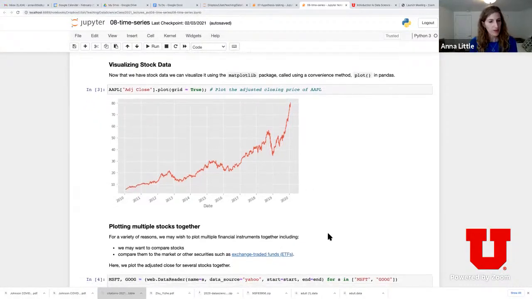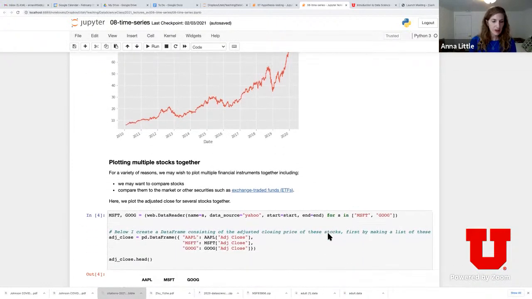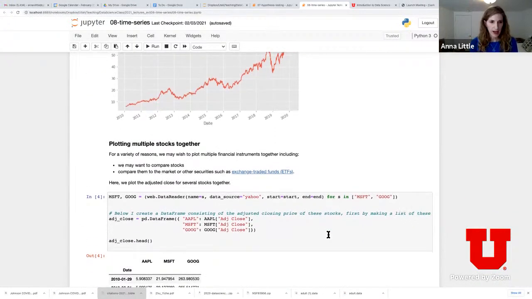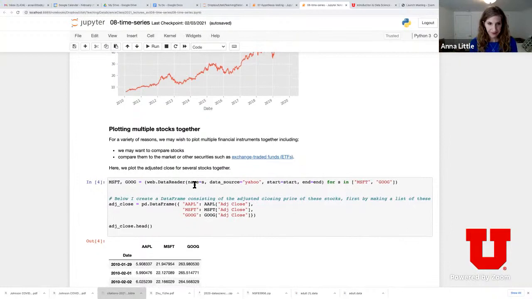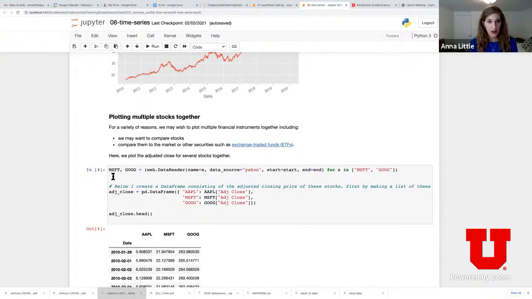Of course, we might be interested in making comparisons. So maybe we're debating between a couple of different stocks that we want to buy. So let's get some more data and do some comparisons. In addition to the Apple data here, we're also pulling data about the Microsoft stock and the Google stock.